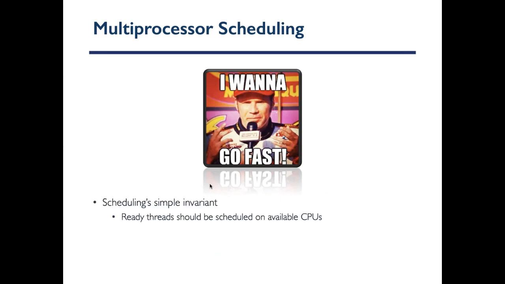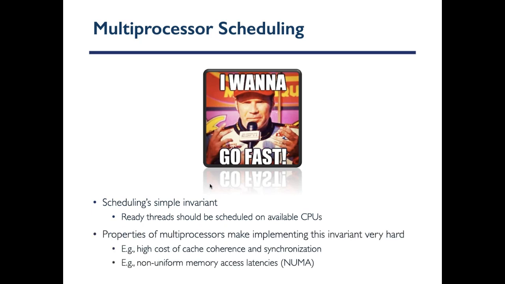So what is the end goal of scheduling? The end goal of scheduling is a very simple invariant, and that is: if you have a ready thread and if you have an available CPU, then run that thread. Very simple. This, in essence, is a work conserving scheduler, if you remember. Now, unfortunately, this very simple invariant turns out to be a really hard thing to implement.